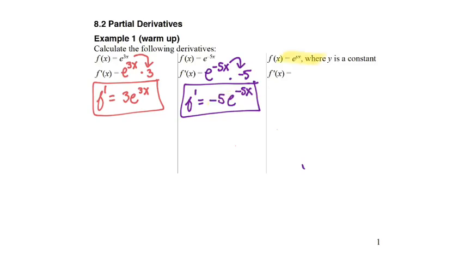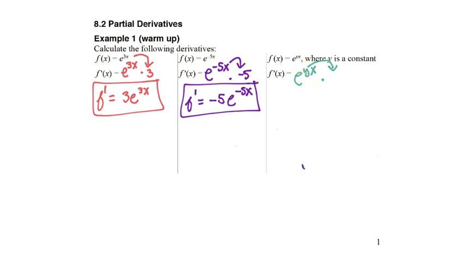So now we're going to do this where we have two variables. We have e to the yx power, but we're going to treat y as a constant, the same way that the 3 and the -5 were constants. So we copy the question. We don't write the natural log of e because it's just 1. Now, when we take the derivative of the exponent, the 3 coefficient was our derivative, the -5 coefficient was our derivative.